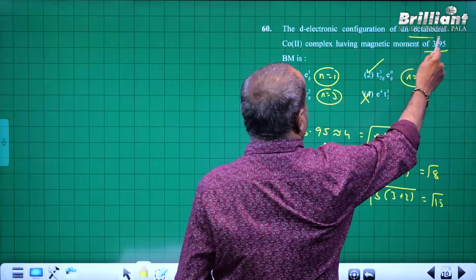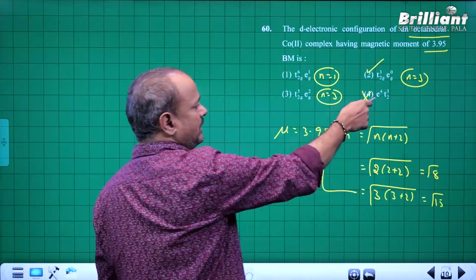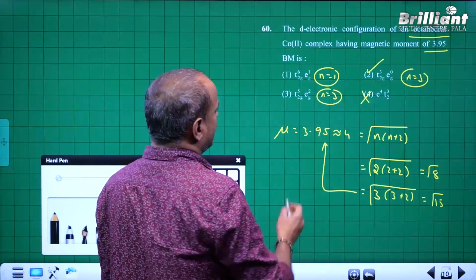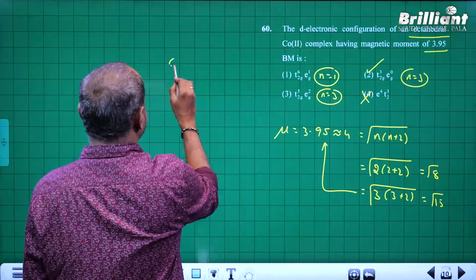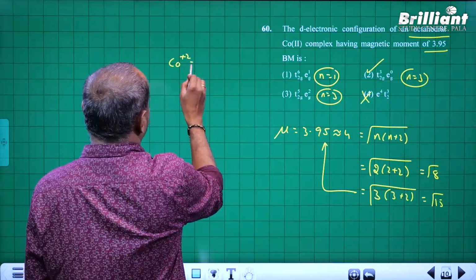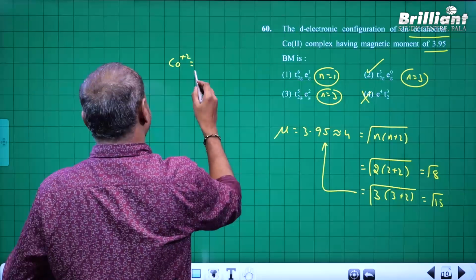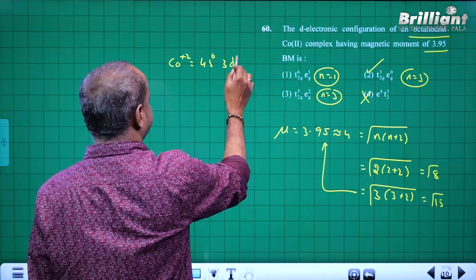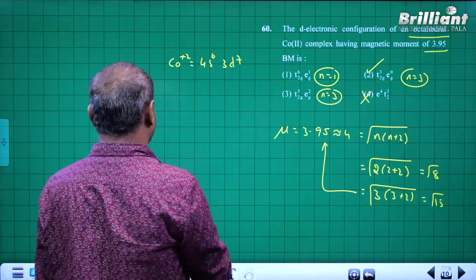This is no need. Why? Because for octahedral the t2g requirement, only the eg is given, the tetrahedral. So now cobalt 2 plus with 3 unpaired electrons, 4s0, 3d7.